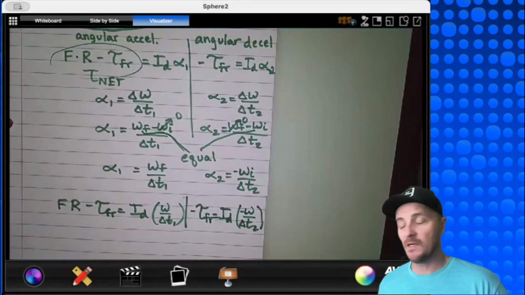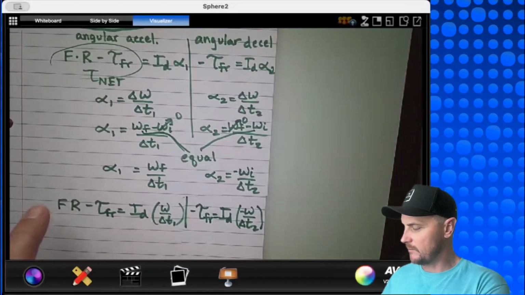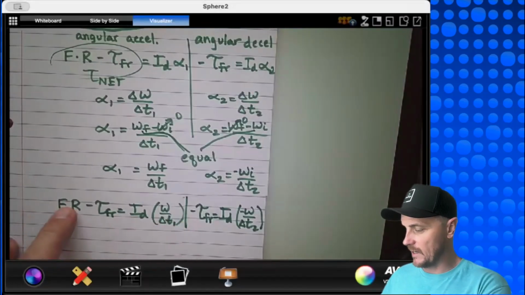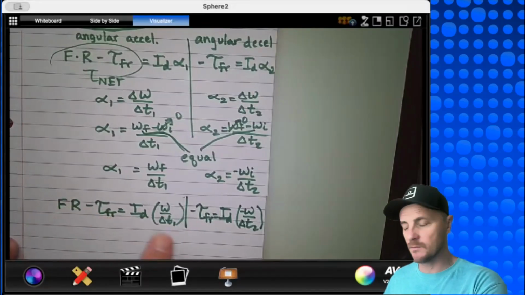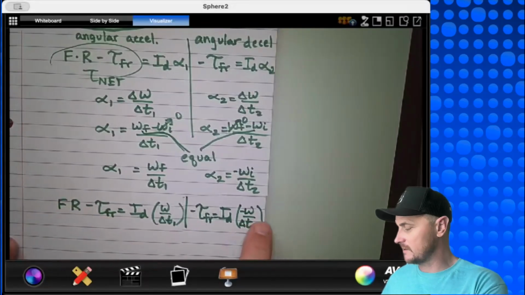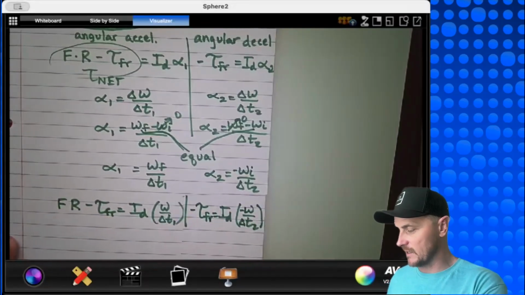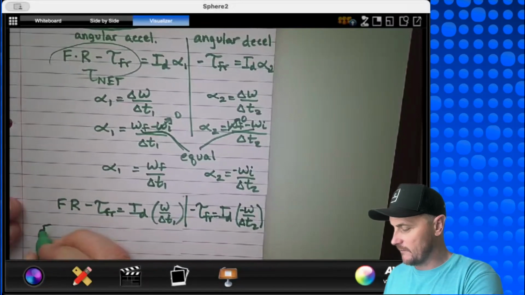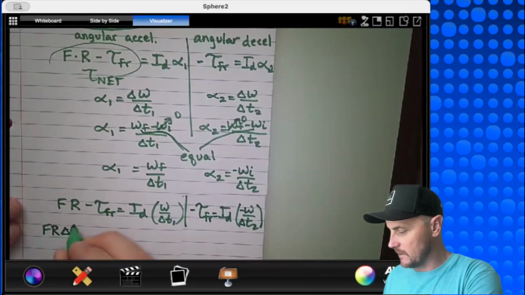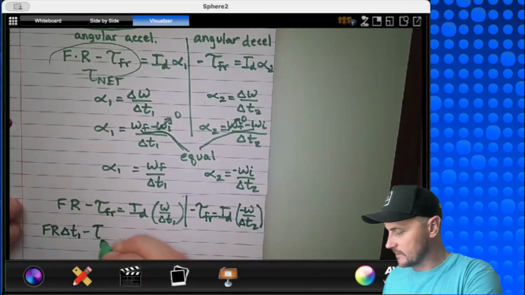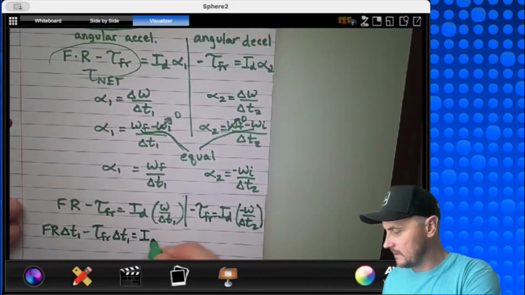So there's a lot of ways to go from here, but what I'm going to do is multiply both sides by delta T1, and I am going to distribute it to both of these terms. And similarly, I'm going to take the delta T2 and multiply it to both sides. So here we go. I'm going to write FR times delta T1 minus torque of friction times delta T1 equals ID omega.